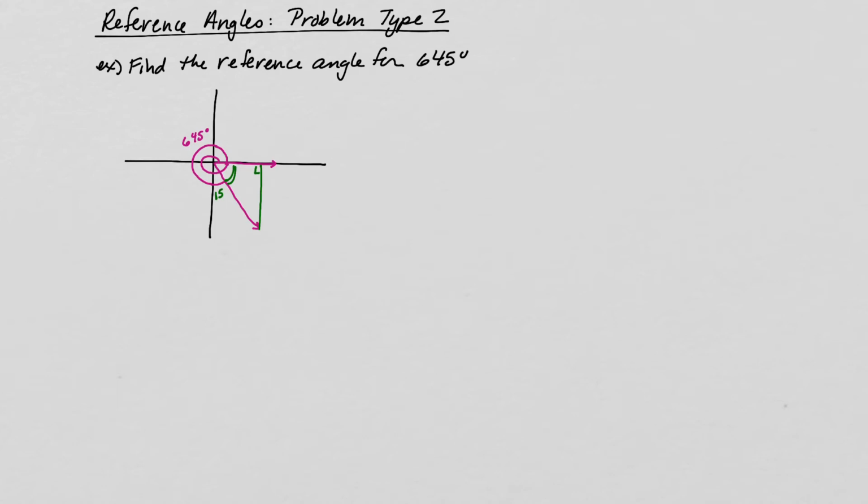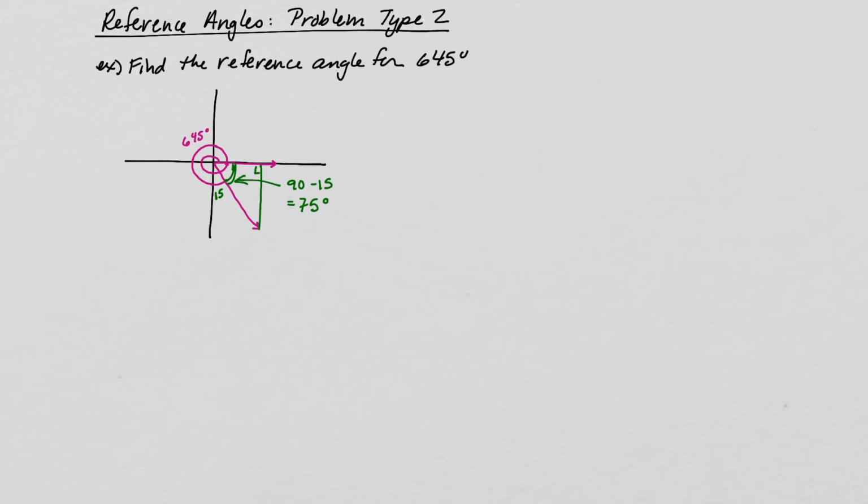So the reference angle, in terms of inside that triangle part, together would add up to 90 degrees, right? That 15 and the reference angle. So to figure out what that is, I would do 90 minus 15, or 75 degrees for that reference angle.